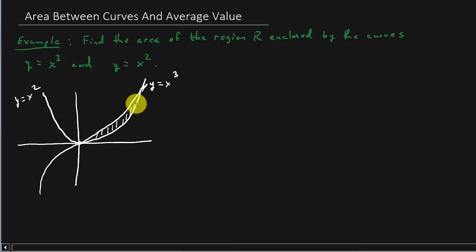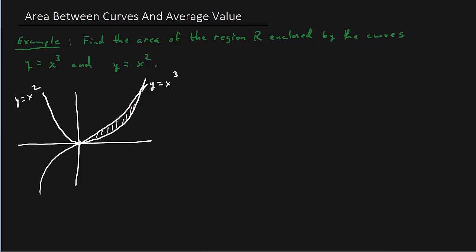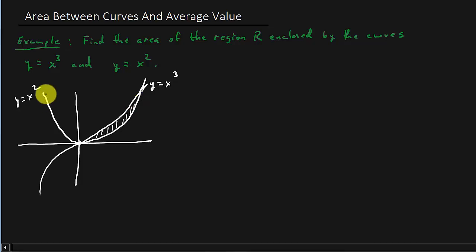Let's highlight this y equals x squared in red so we can tell the difference between them. This is your graph y equals x squared right here.